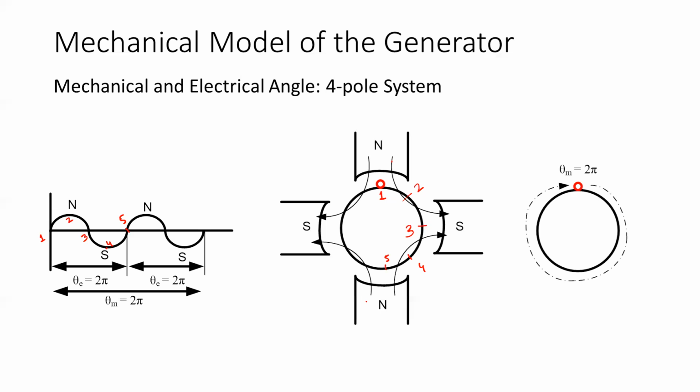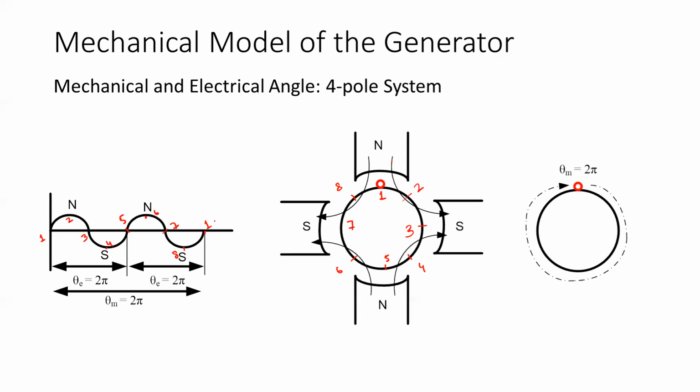In the previous two-pole system, when you completed north to south and back to north, you traversed 2 pi distance. So the same thing now. If you keep on going, this is my position number 6, this is my 7 where I will have minimum, and again this is where I will have my maximum. So this becomes 8 and this again becomes my 0, which is 1.